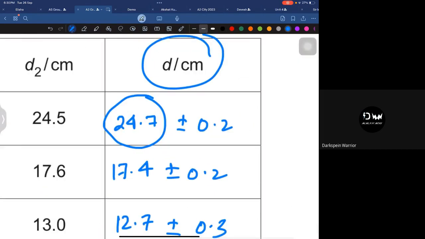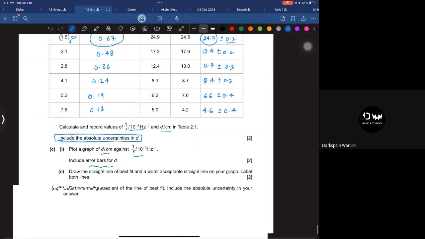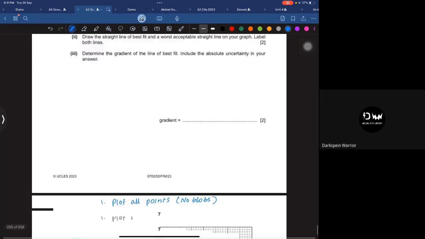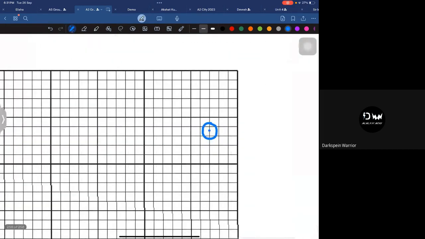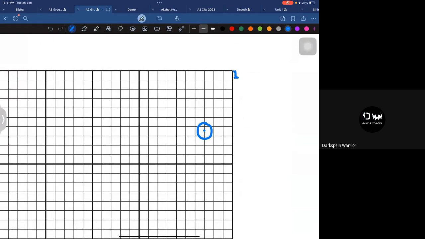So in the first one, we have basically the error of plus minus 0.2, right? So what you're going to do is go to the point, which was the first point right here. Now you see each box has 0.2 centimeter length.